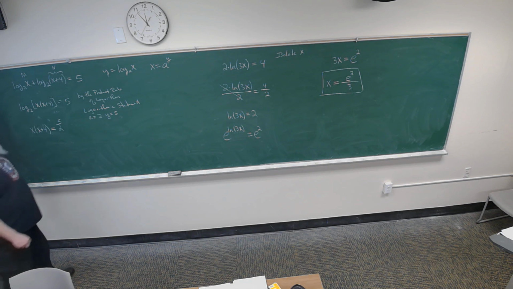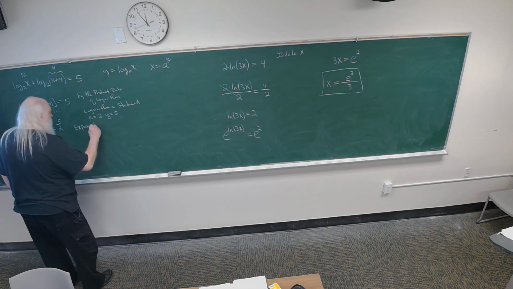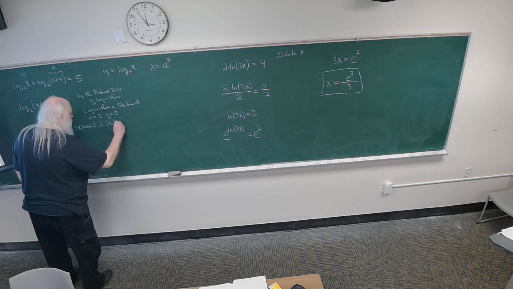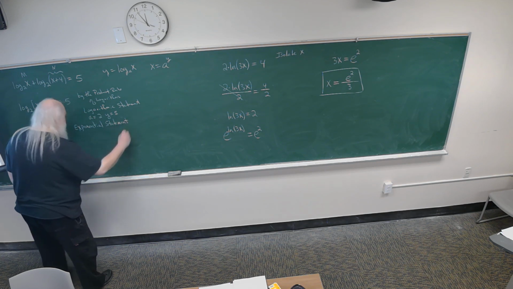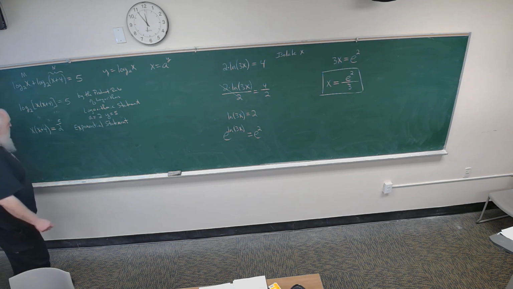That is the corresponding exponential statement. Do we know how to solve for x? This is shaping up to be a quadratic equation. We know how to solve it. We solved 1,000 of those this semester.